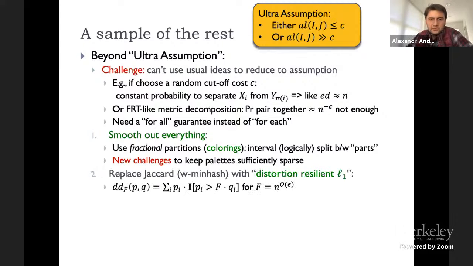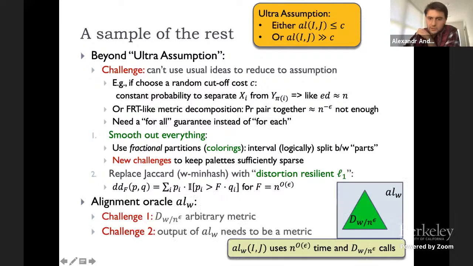And instead of using Jaccard, which corresponds to some form of L1 distance between vectors, we use what we call distortion resilient L1: consider two vectors and compute the L1 distance, but only on coordinates which are sufficiently different, where sufficiently different means up to some polynomial factor.